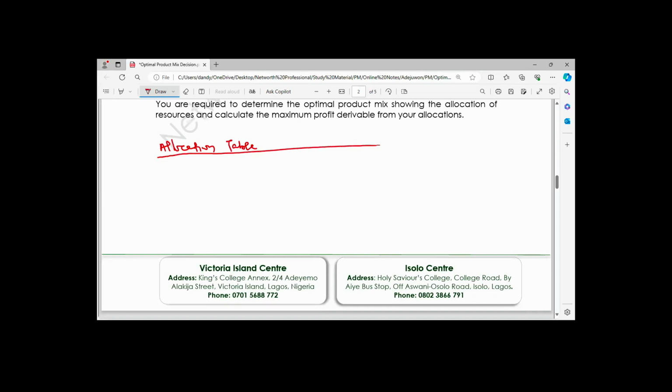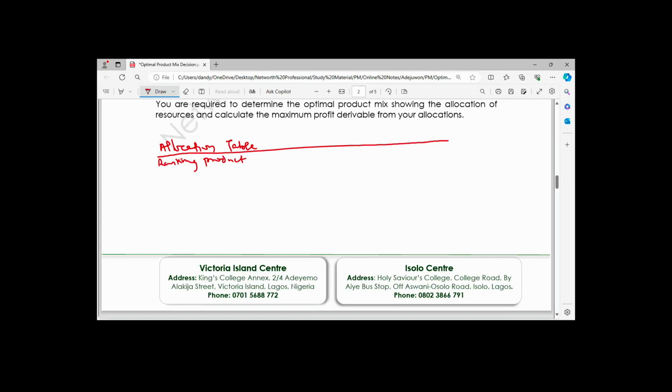Create about 8 columns. The first column will be ranking. This ranking will be as you have done in step 5. You have a column for ranking, then the product that you have ranked.